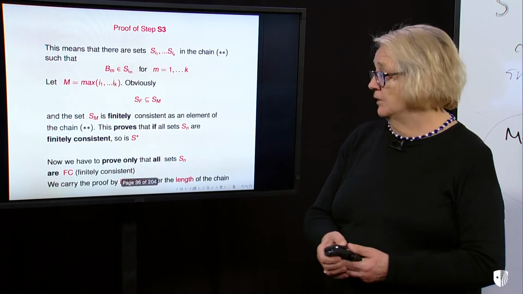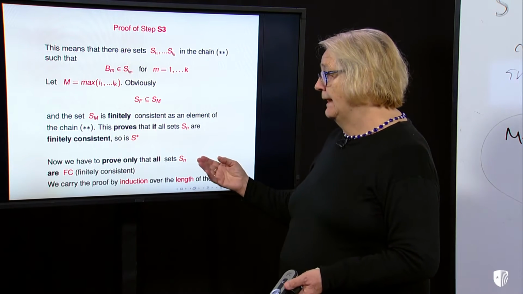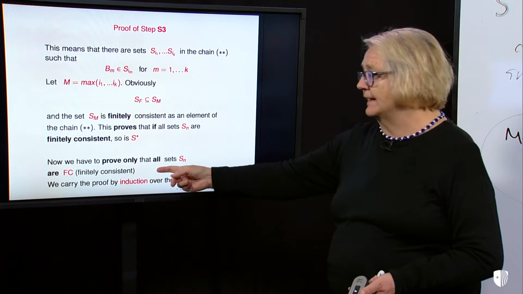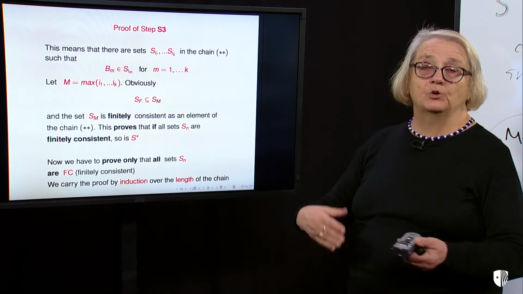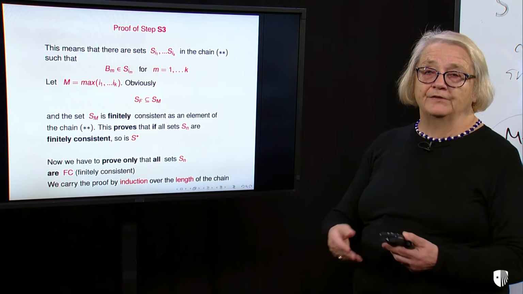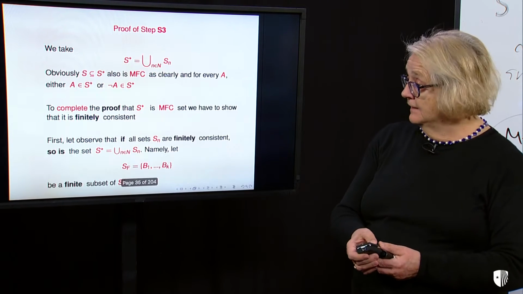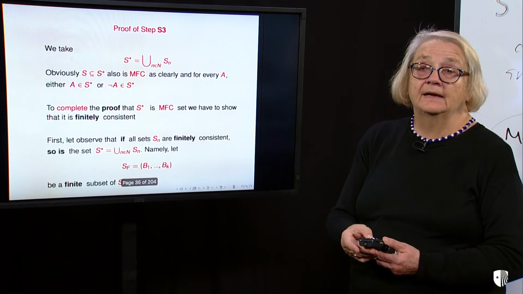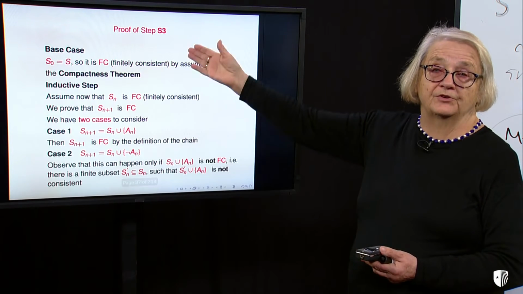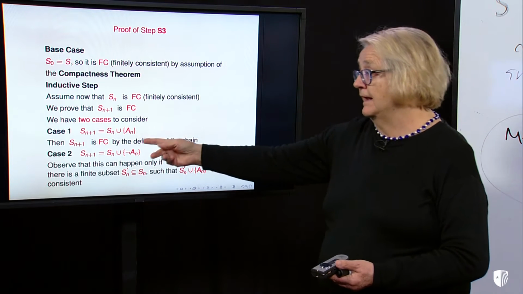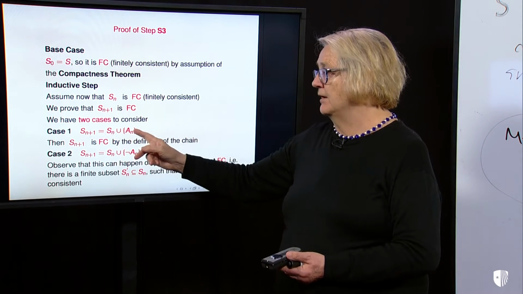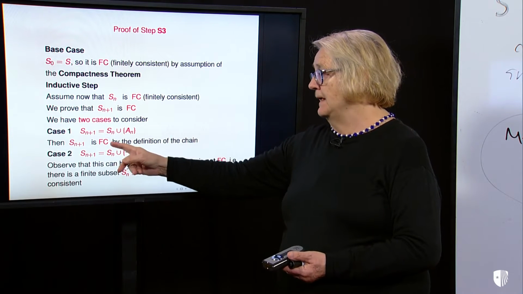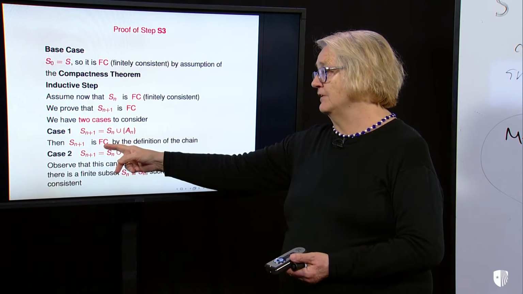Also, we have to prove only that all sets Sn are finitely consistent, and we do it by induction over the length of our chain, which we constructed like that. Here's the proof. Remember that S(n+1) is Sn added with An, or Sn added with the negation of An.